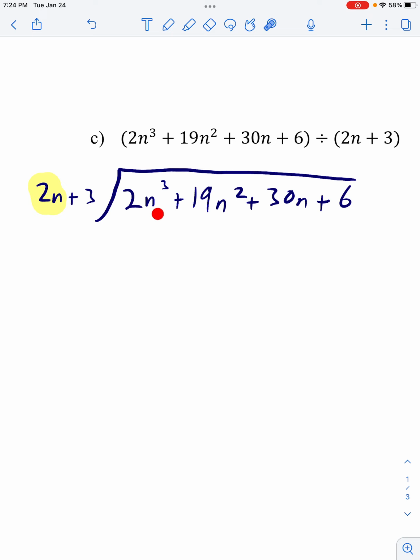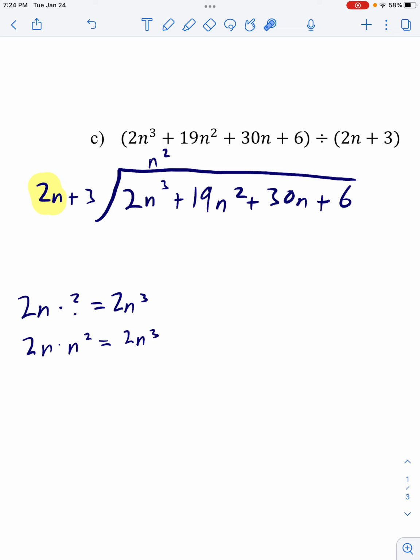We look at that first term underneath our division symbol. We ask ourselves, how many times, or 2n times what equals 2n cubed? Well, 2n times n squared equals 2n cubed. So we write n squared right above our division symbol.